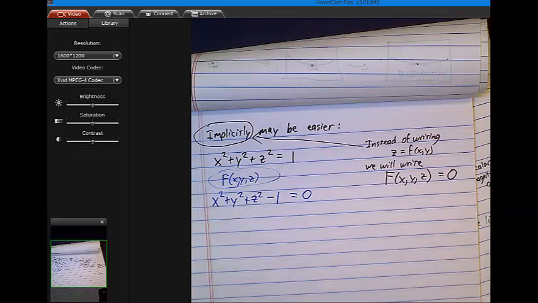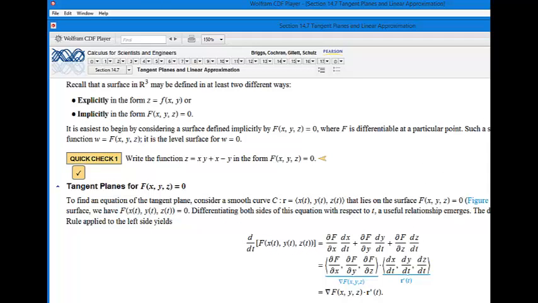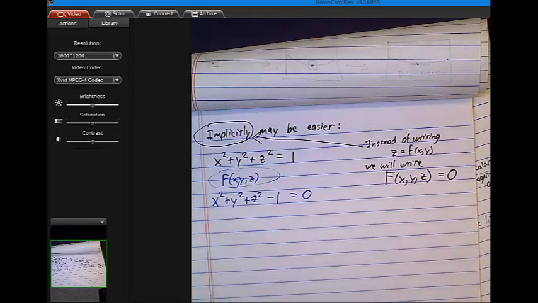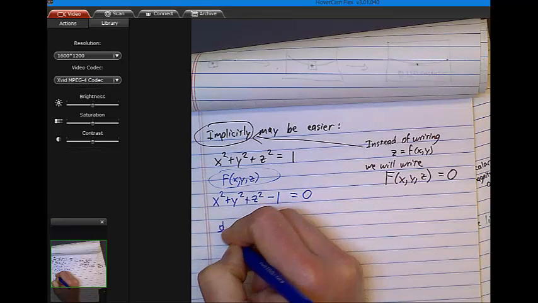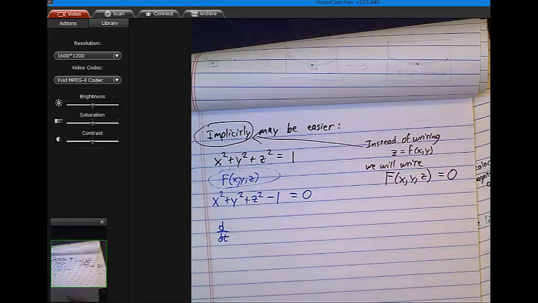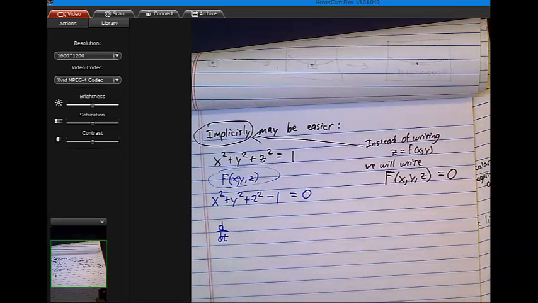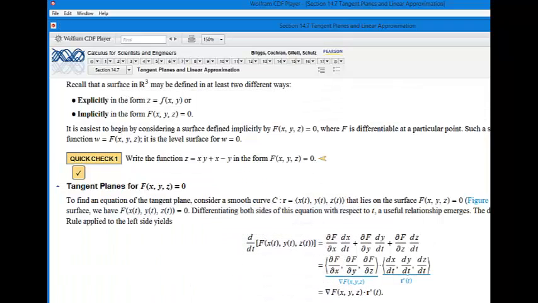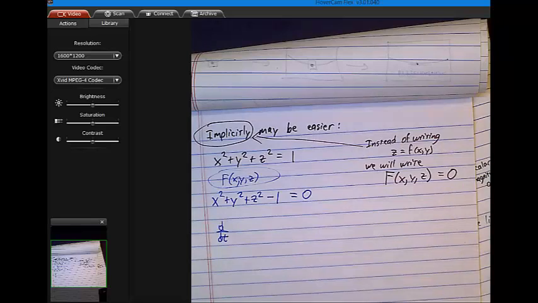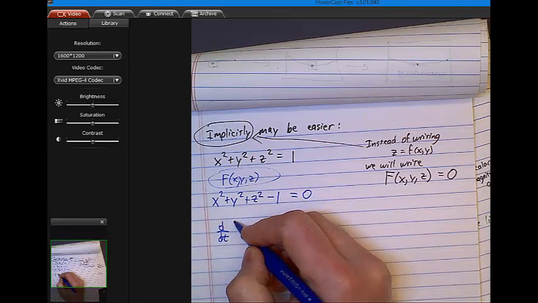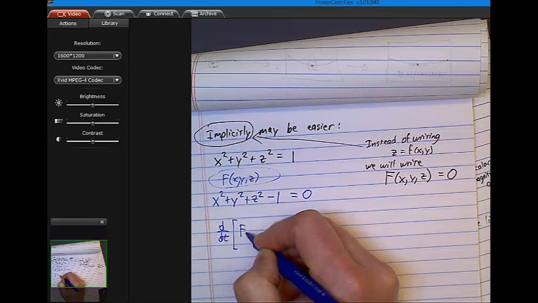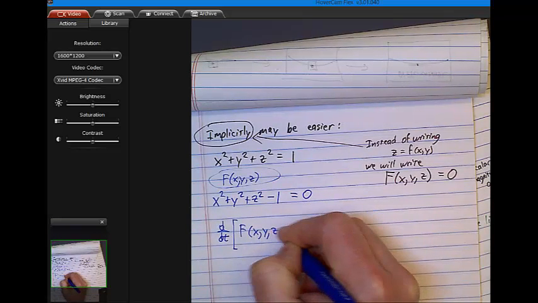Okay? And the point is that we can take a derivative. So the derivative with respect to, say, t, I'm just going to throw a new variable in there. I'm going to say x, y, and z are all functions of t. See this? And so if I say, what's the derivative of f of x, y, and z?